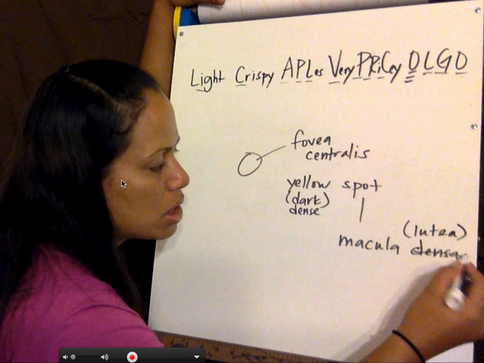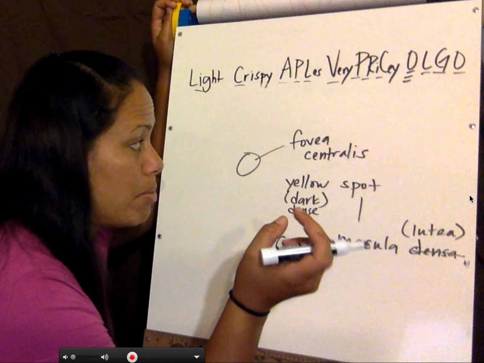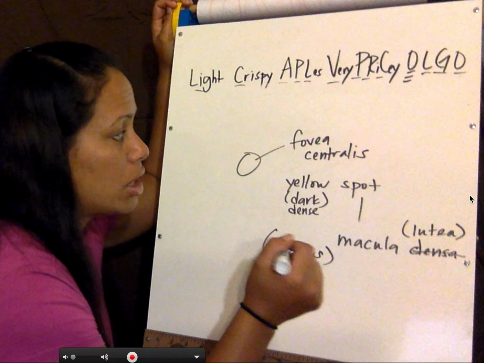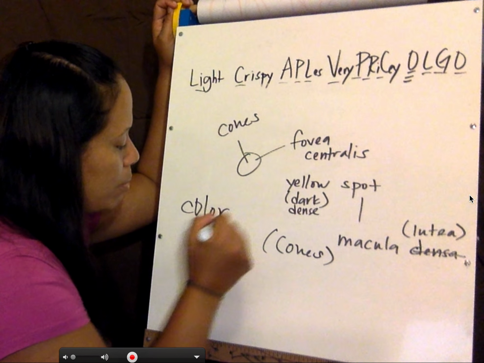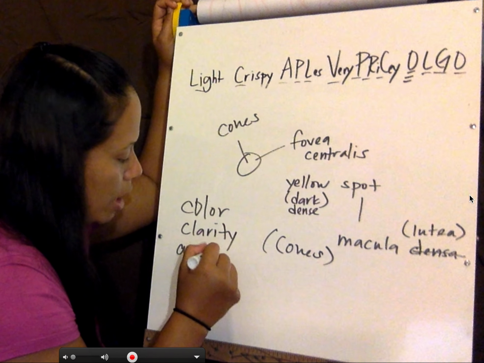So if I want to see something clearly, what do I have to do? Where do I have to put the image? I have to put the image not just on the retina, but specifically on the fovea centralis, where I have an abundance of cones so that I can have color reception, clarity, and acuity of the object, right?